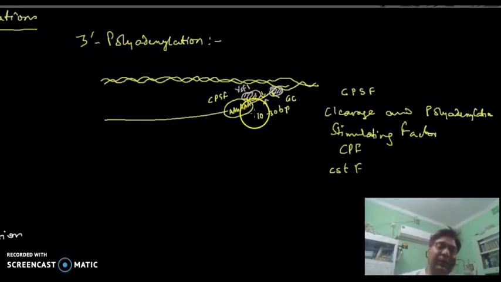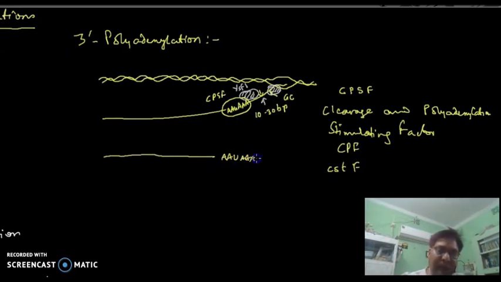So this YSF1 is the endonuclease that introduces the cleavage. And so the RNA is now shorter than the actual size. So it is now AAUAAA, and about 10 to 30 nucleotides downstream, the cleavage has occurred here.